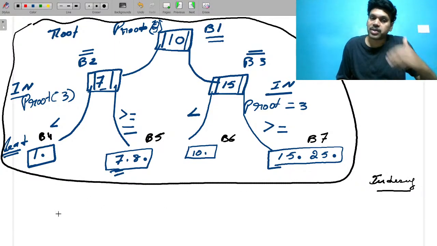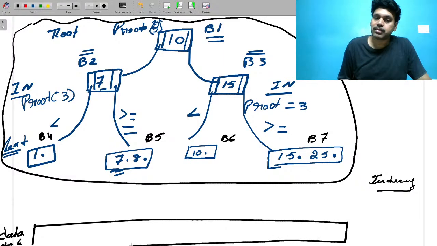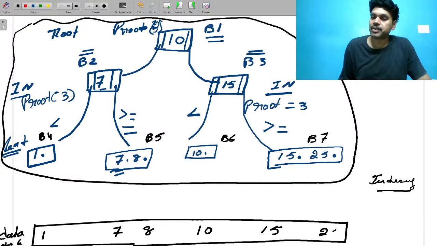Now down there is a data file. This is your data file which consists of your keys. What are your keys? 1, 7, 8, 10, 15 and 25.